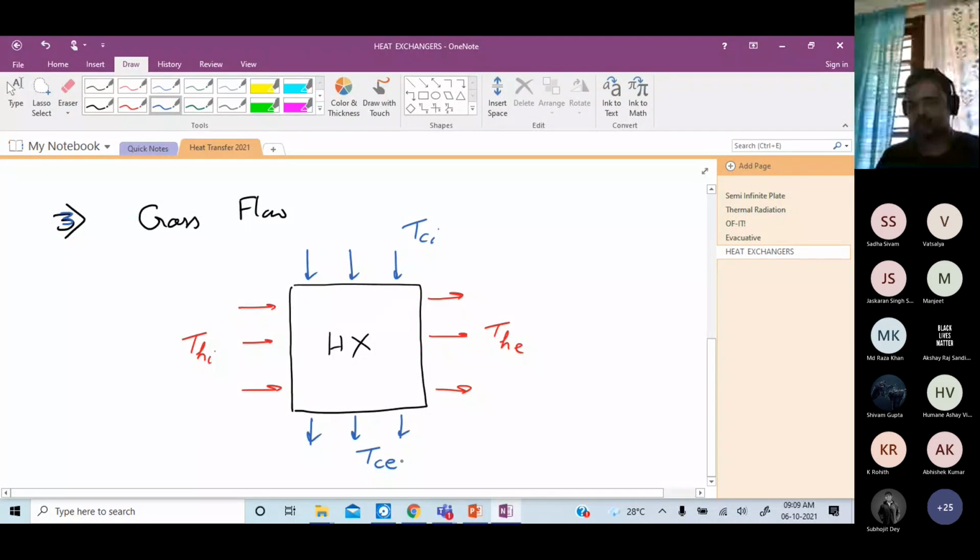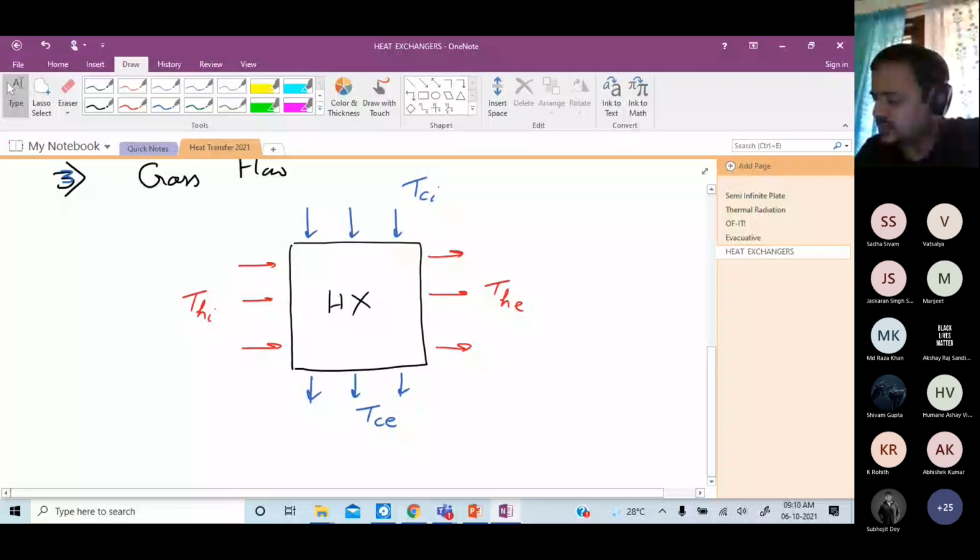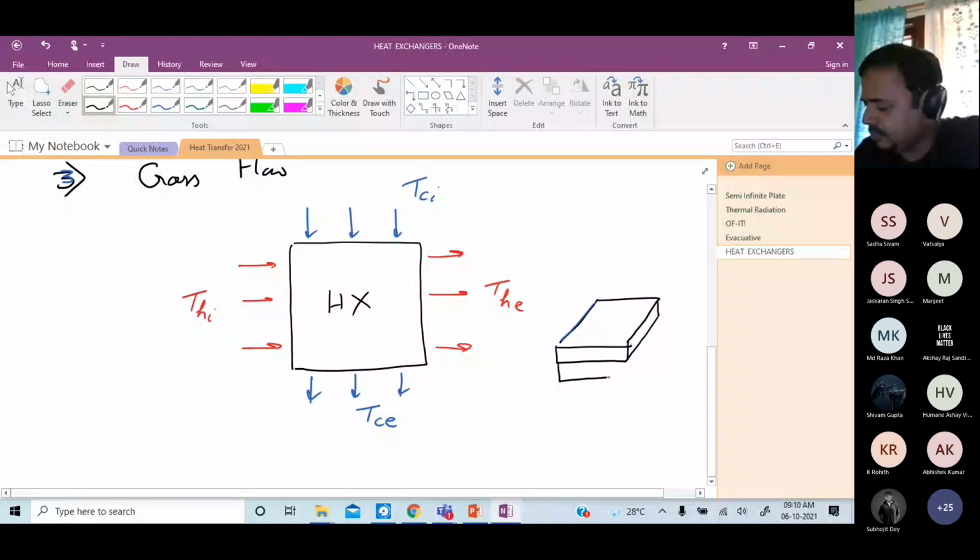Okay, so the most common configuration, if I can draw, is something like this. If I try to draw in 3D, let us say, I'll draw one box. Another box.